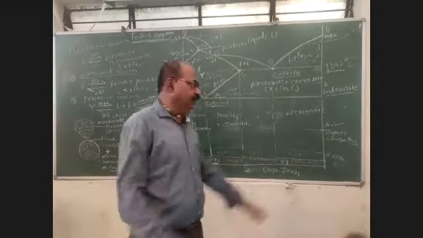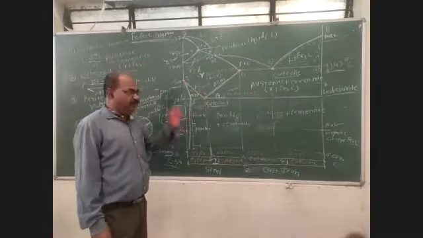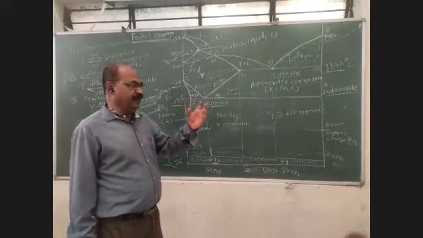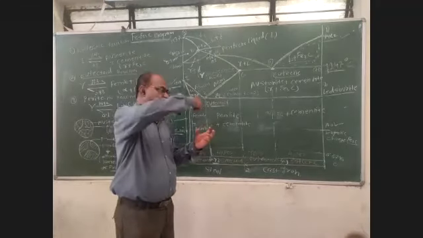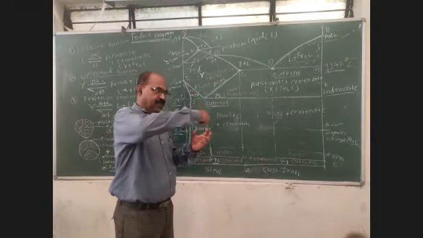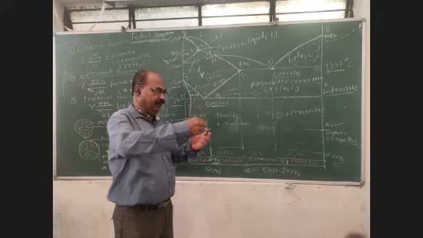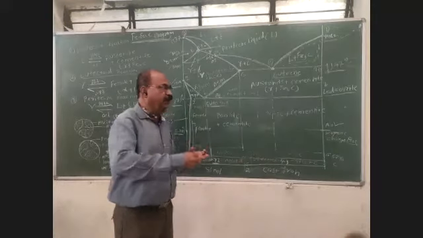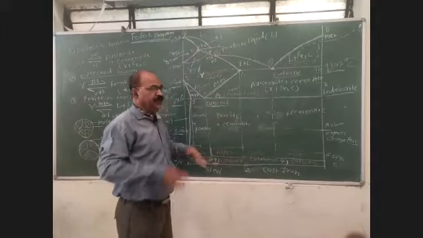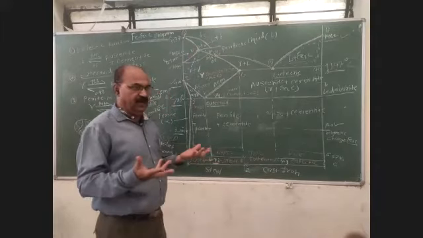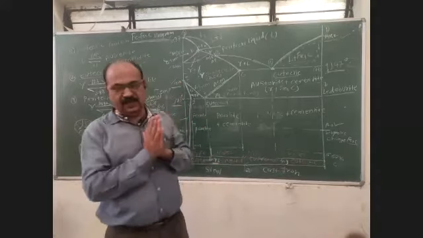Once again, I will repeat: pure iron means Fe. If you go on adding percentage of carbon, what structures will you get at different temperatures after heating and cooling? The study of that structure is nothing but the iron carbon diagram.